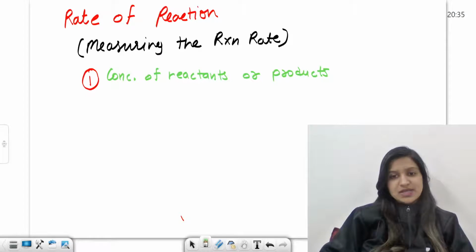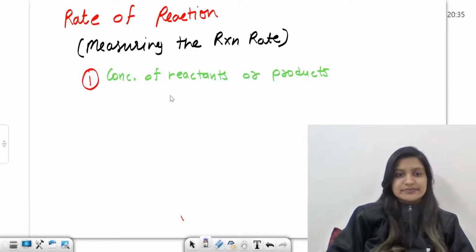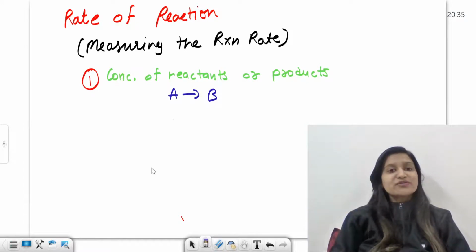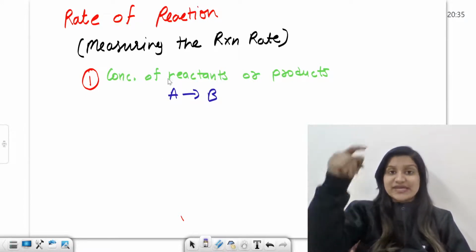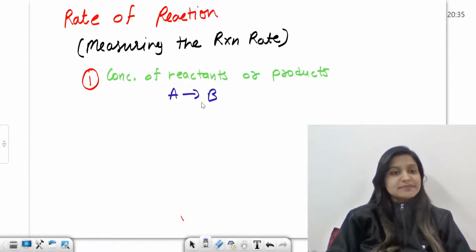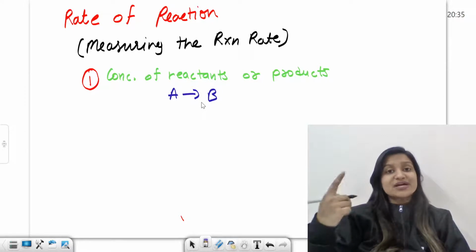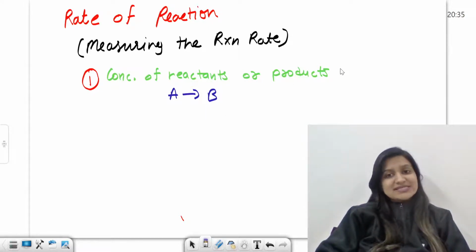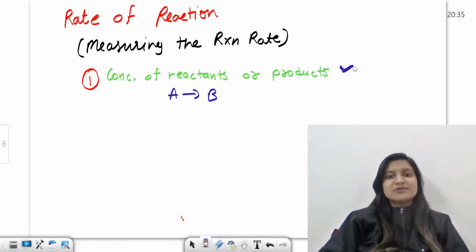If a reactant A is getting converted into the product B, the concentration of A will decrease and the concentration of B, the product, will increase. So concentration is the very basic thing we will be dealing with.